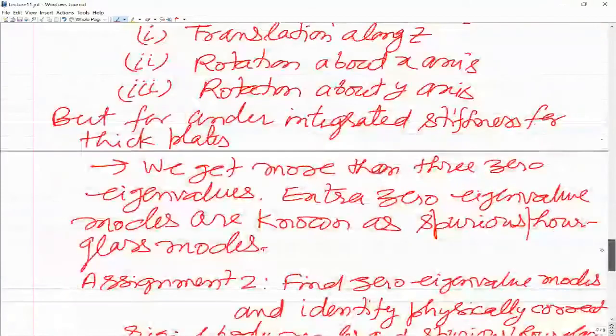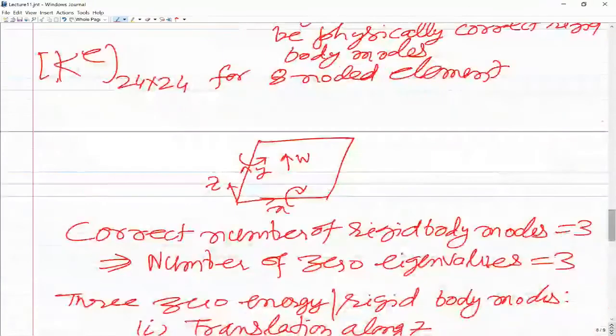For example, whether the mode corresponds to a translation of the plate along the z direction. You will find that the w values at all the nodes would be the same, and theta x and theta y values would be 0 in the eigenvector, so that would be translation along the z direction.